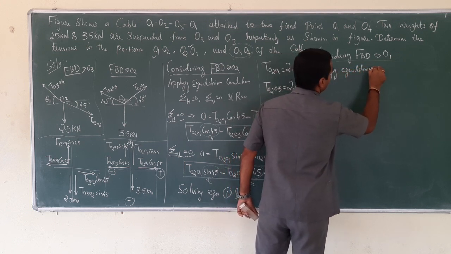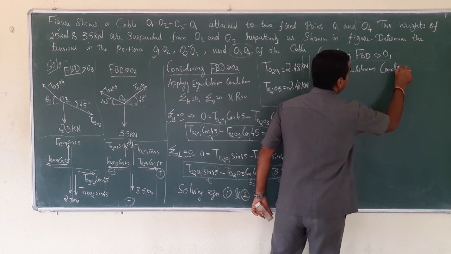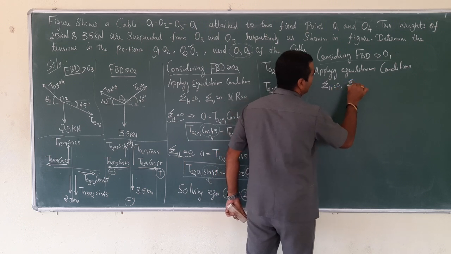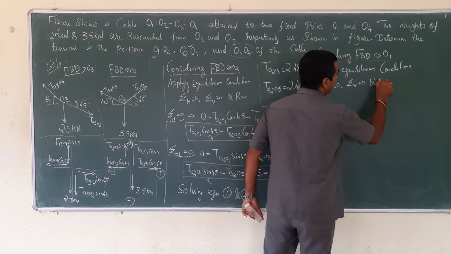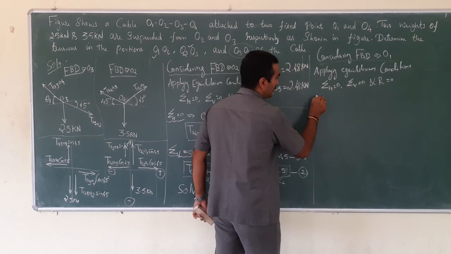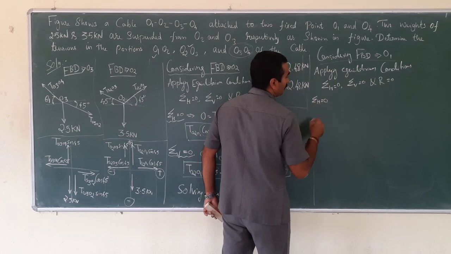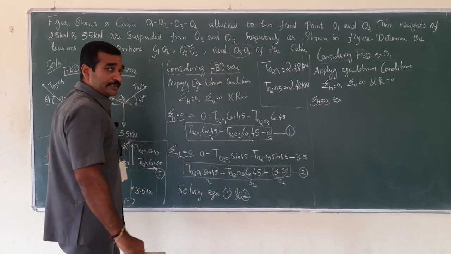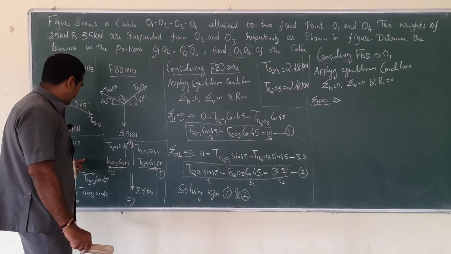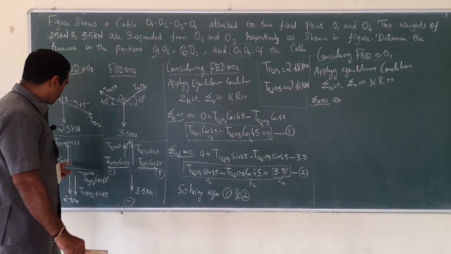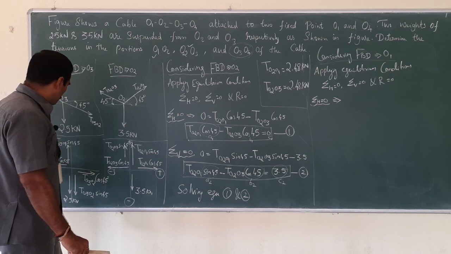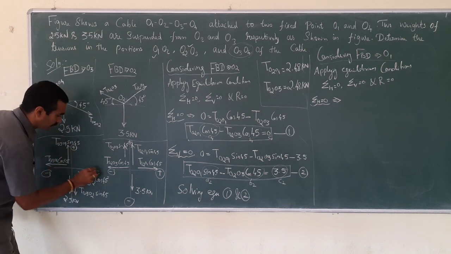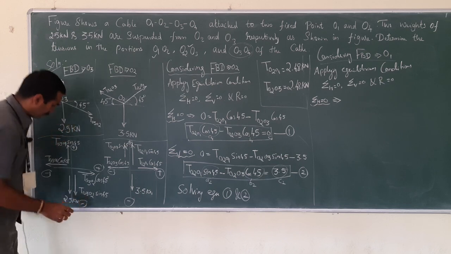Equilibrium conditions. What it says: sum of horizontal force is equal to 0, sum of vertical force is equal to 0, therefore the resultant would be 0. So now let me resolve the horizontal forces. Now I am going to refer to the FBD1, that means the resolution force here. As far as the resolution force is concerned, in the second quadrant your force is acting in the negative x direction, right?